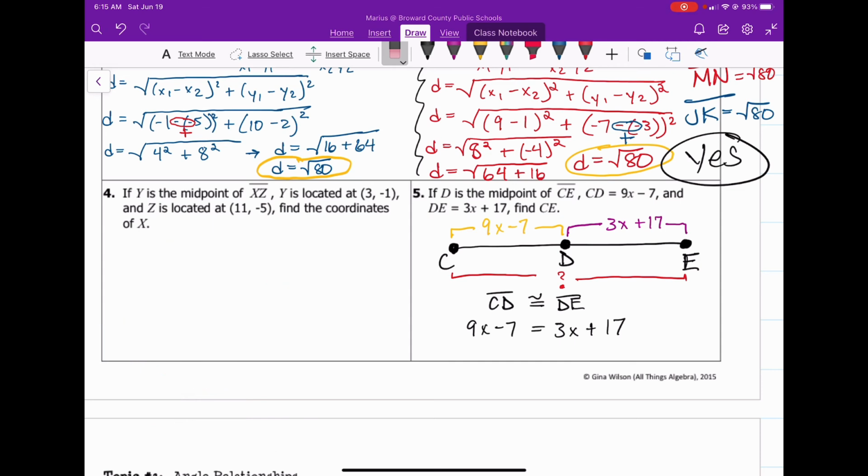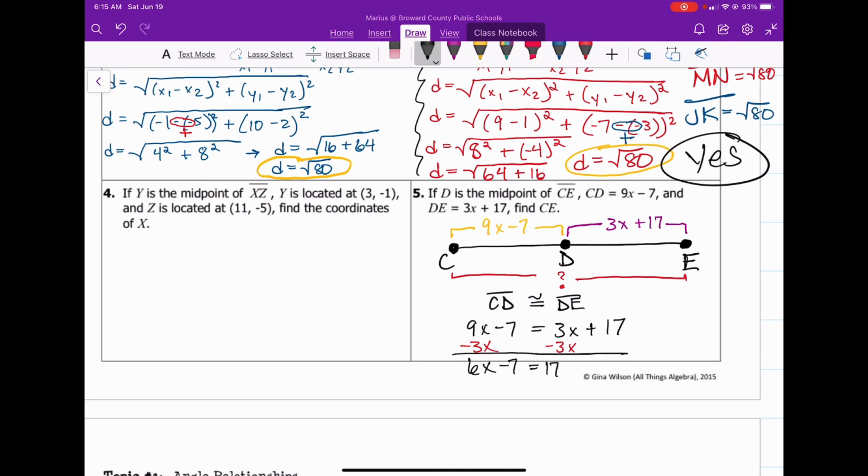All right. Now, all we need to do is go ahead and solve for x. So solving for x, we're going to subtract 3x from both sides. That's going to give us 6x minus 7 equals 17. Okay.